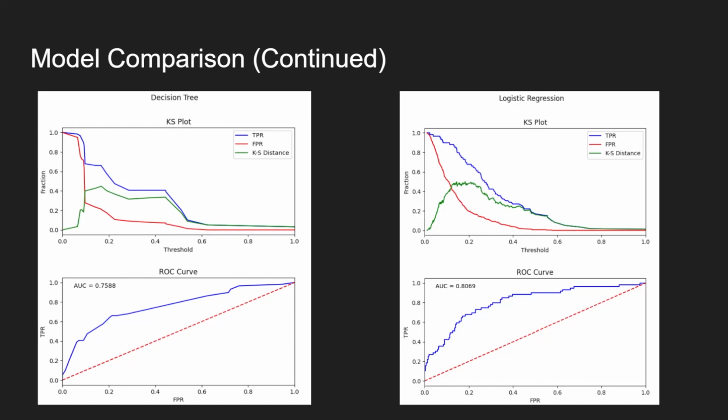Now, one thing that's interesting to note is that the KS plot has a difference between the two, which is how smooth it is, or how many data points there are on that plot. The logistic regression plot has a whole lot of data points on the KS plot, but the decision tree is sort of bumpy. The reason for that is that the KS plot is showing the output probabilities of the models.